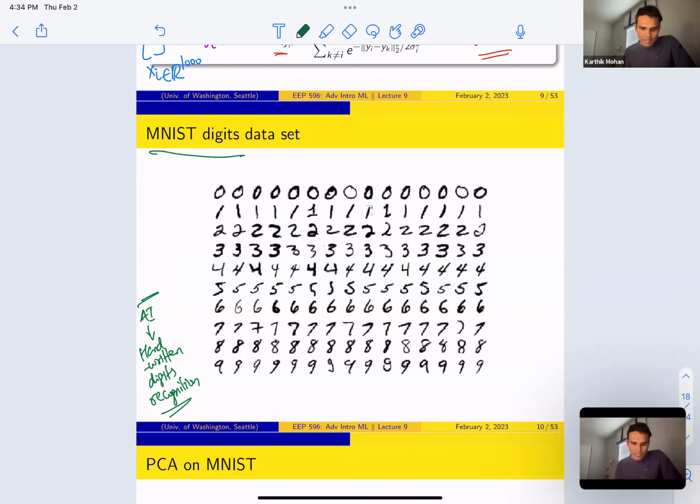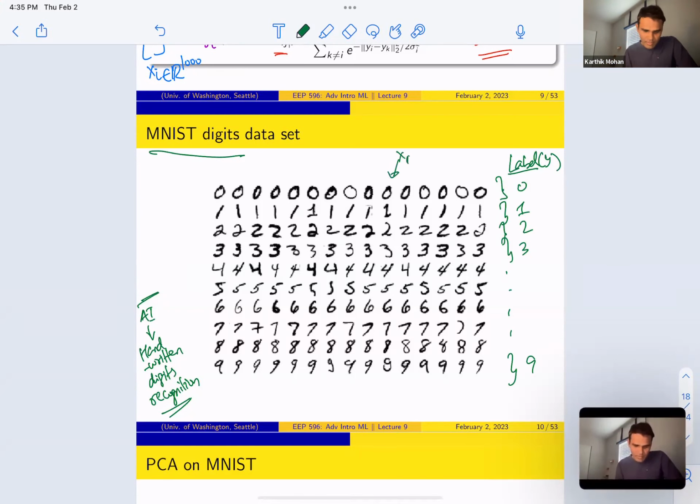So here you can say the label for all of these data points is 0, the label for all of these data points is 1, the label is 2, the label is 3, and so on. This is your Y, right? And this is your X. This is X1, X, whatever, XK, XK plus 1, and so on, right?